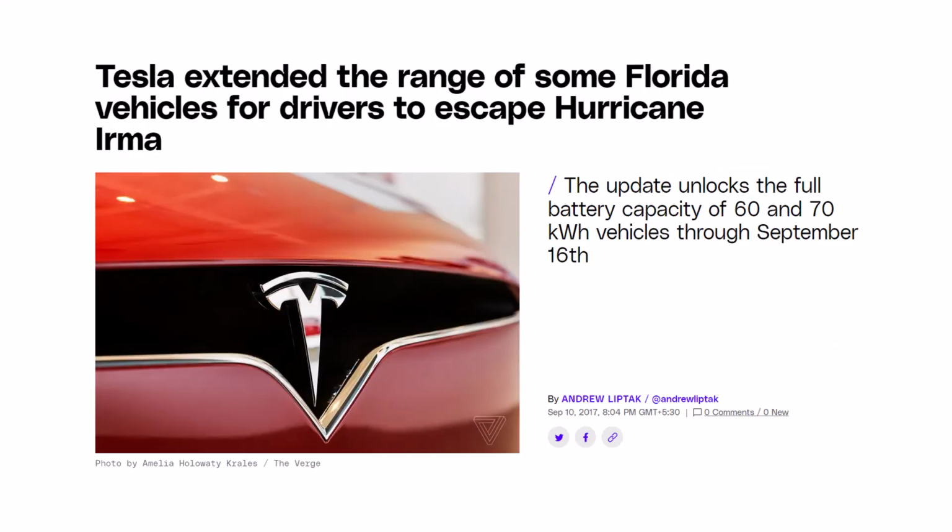Now, with that being said, there are many examples explaining what SDV is. I'll give you one recently popular example. Tesla shipped their cars with a 70 kilowatt hour battery pack, but they locked the battery pack to 60 kilowatt hours.